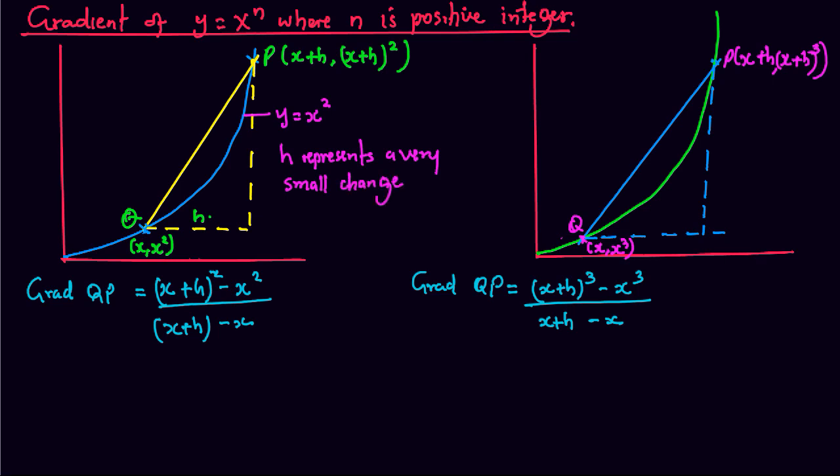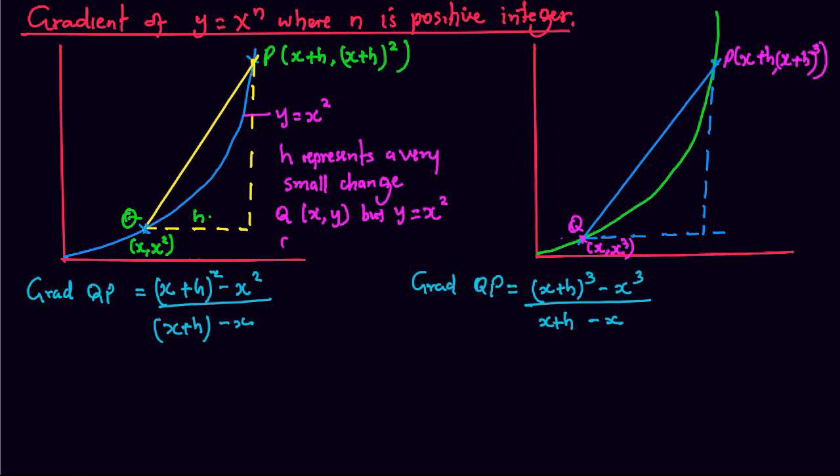So if x represents a very small change, we have the coordinates of point Q as x, y, but y is equal to x squared.